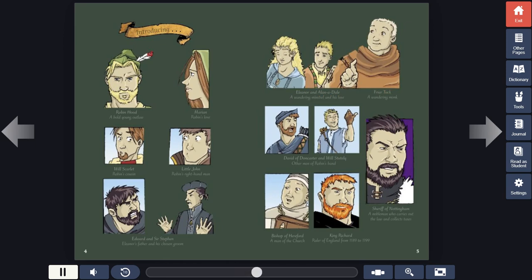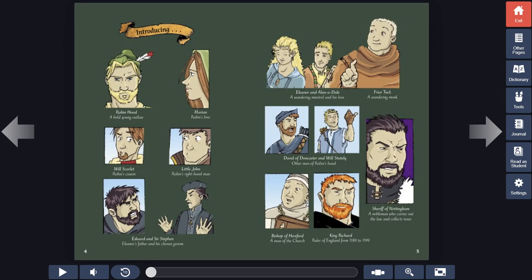Friar Tuck, a wandering monk. David of Doncaster and Will Stutely, other men of Robin's band. Bishop of Hereford, a man of the church. King Richard, ruler of England from 1189 to 1199. Sheriff of Nottingham, a nobleman who carries out the law and collects taxes.